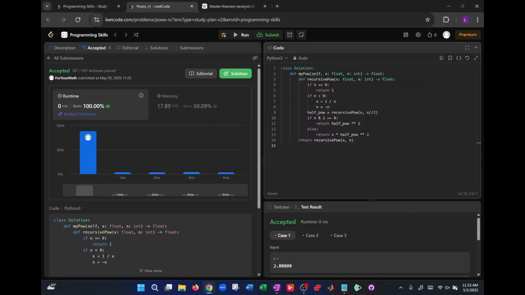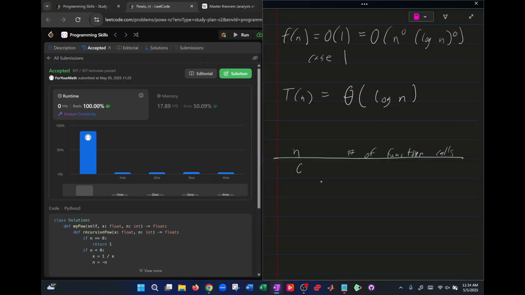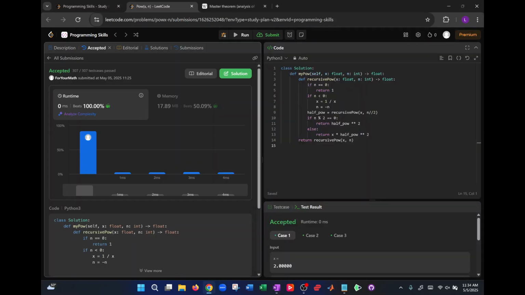If n is 0, then we have to just call it the one time, and then we're done. If n is 1, then we have to do it again for 1 floor division 2.